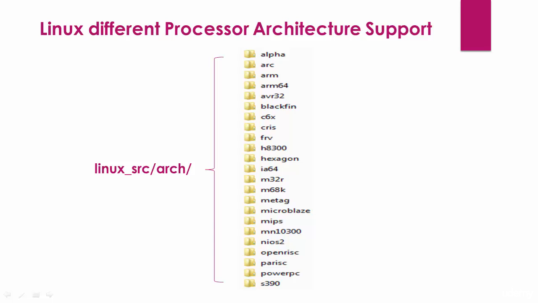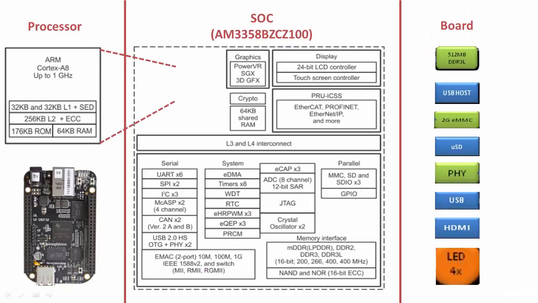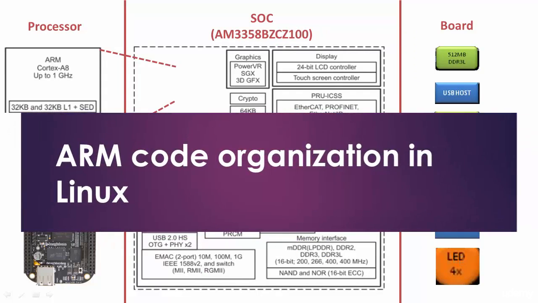At the same time, all the codes related to handle those devices which are based on, let's say, PowerPC architecture will be present in the directory arch/powerpc. So Linux supports running on these various different processor architectures. Now let's explore the ARM code organization in the Linux kernel source tree.